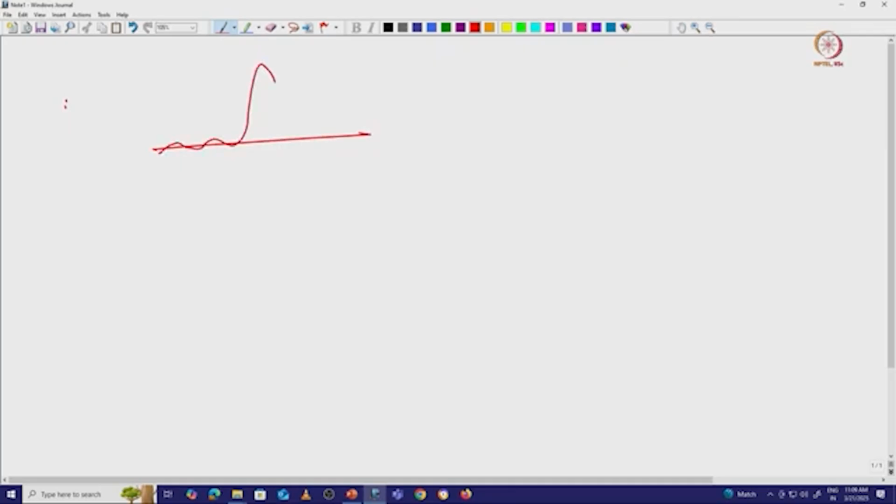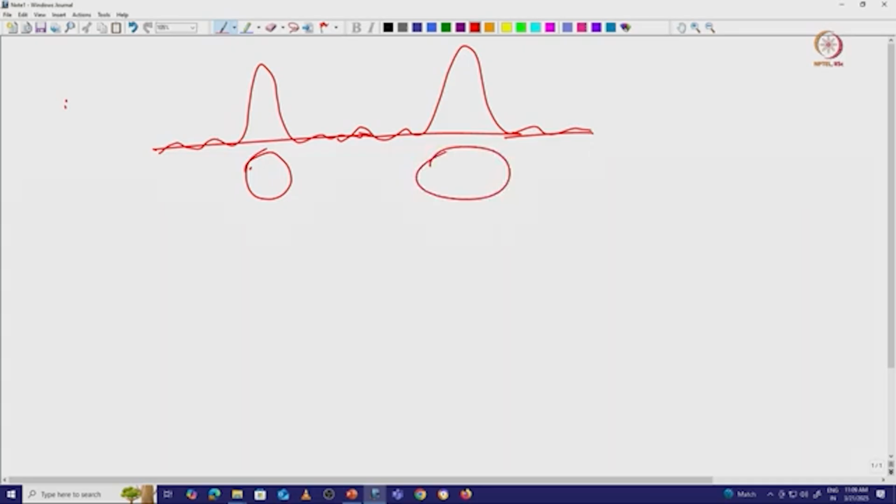It will merge, and then if they are very well separated like that, the second one will come like this. So both are separated. There are two Airy discs formed, circular Airy discs, and they are completely separated.